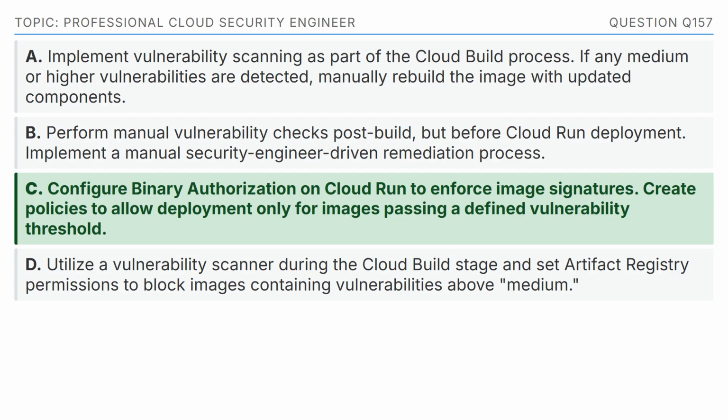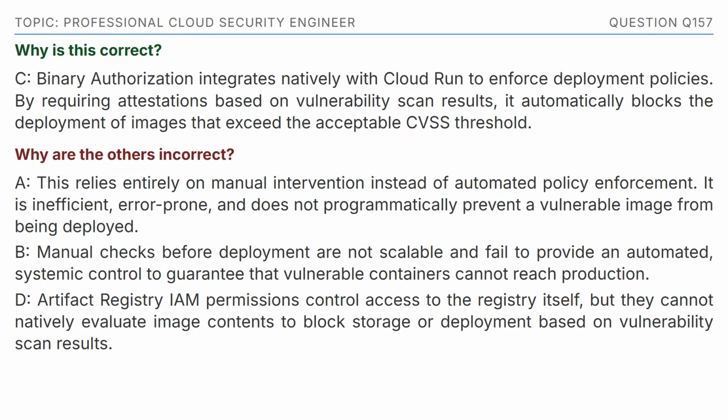Create policies to allow deployment only for images passing a defined vulnerability threshold. Why is this correct? C. Binary authorization integrates natively with Cloud Run to enforce deployment policies. By requiring attestations based on vulnerability scan results, it automatically blocks the deployment of images that exceed the acceptable CVSS threshold.